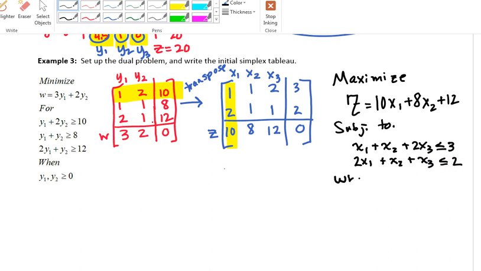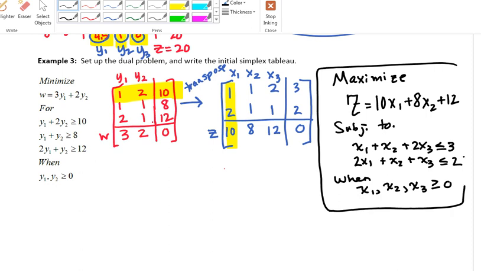One more thing you always need to say, okay, we are existing in this simplex method world which has positive variables. So you need to make sure that you make a statement that says x1, x2, and x3 are greater than or equal to 0. Now that is the dual right there. So on your homework problems that say set up a dual problem, that is exactly what it's looking for. Okay, you don't have to go any farther.